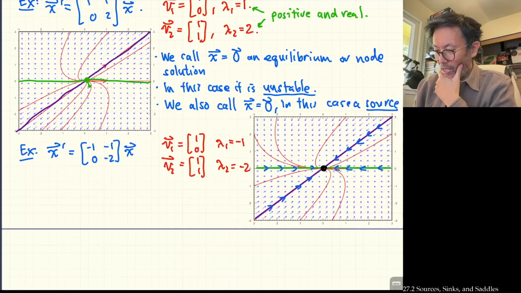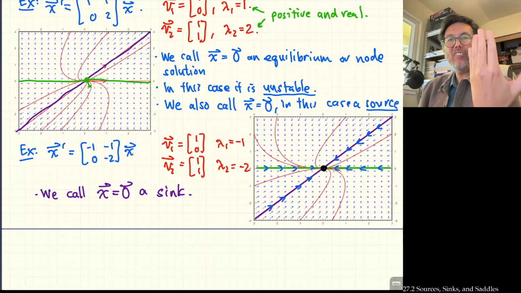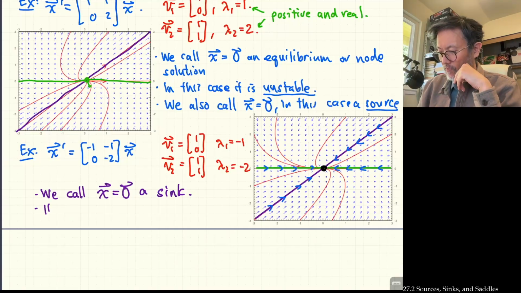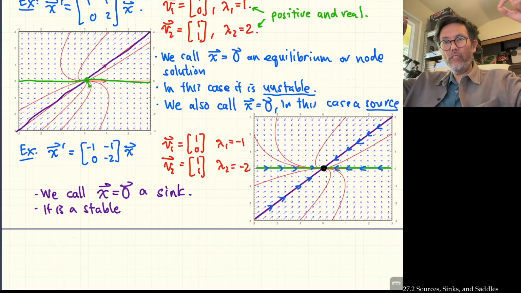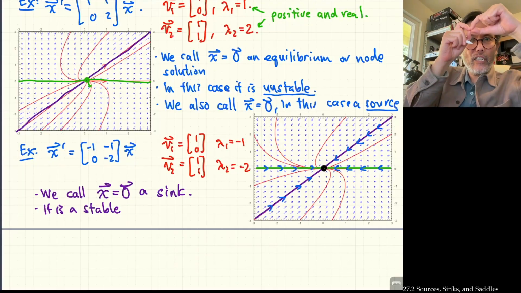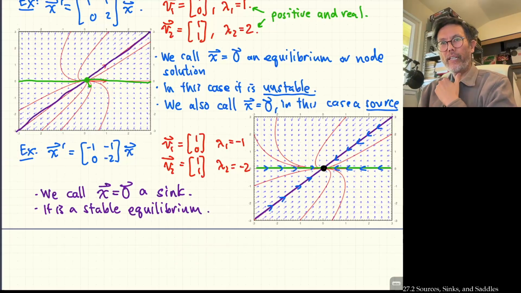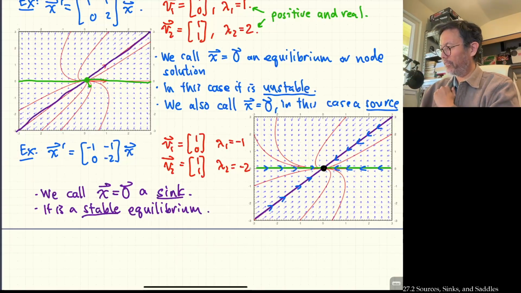We call, in this case, x equal to 0 a sink. It's a stable equilibrium. If we perturb a little bit away from it, if we perturb a little ways away from it, it'll be attracted to go back. Okay? Stable equilibrium, also known as a sink.